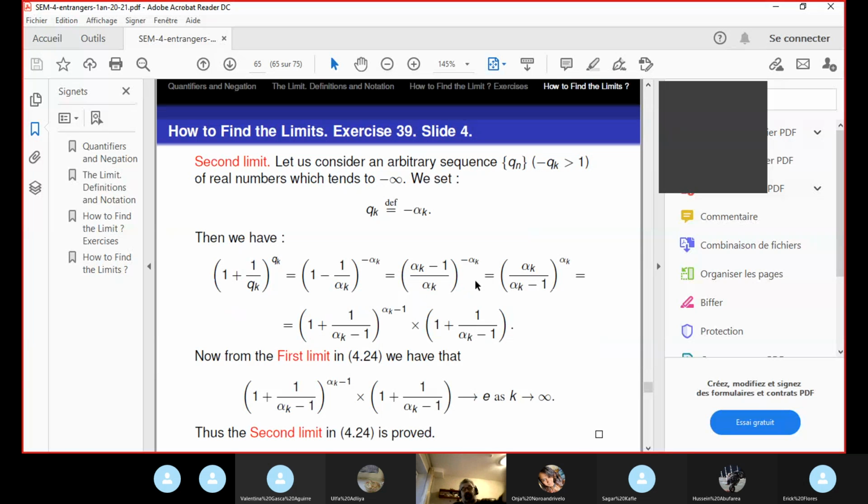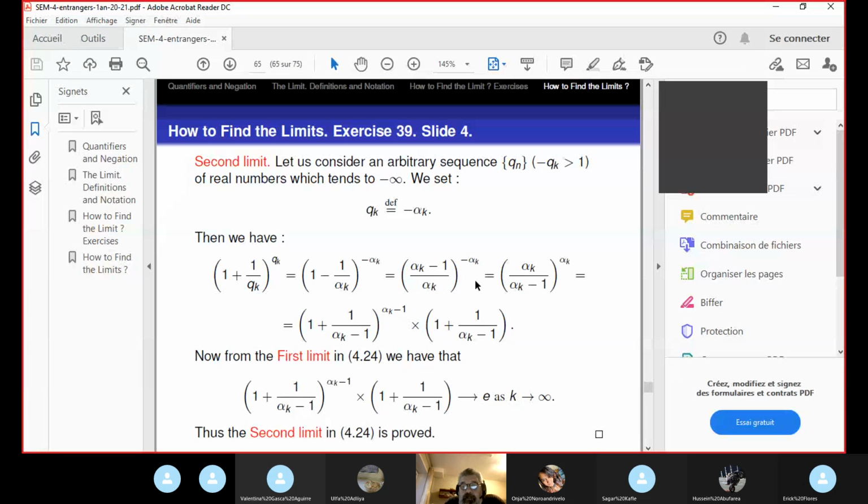Now let's turn to the second limit in our exercise. So we consider an arbitrary sequence q sub n which goes to minus infinity. This means that minus q sub k is greater than 1 if we are dealing with a sequence which goes to minus infinity.